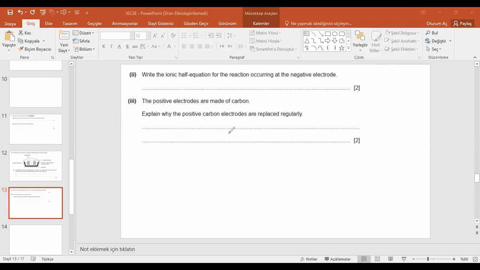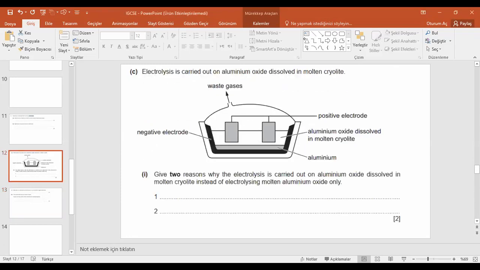Yes. A positive electrode is made out of carbon. Explain why the positive electrodes are replaced regularly. Look, guys, in this case we are producing, along with Al3+, O2-. O2- will be attracted to the positive electrode, the carbon.